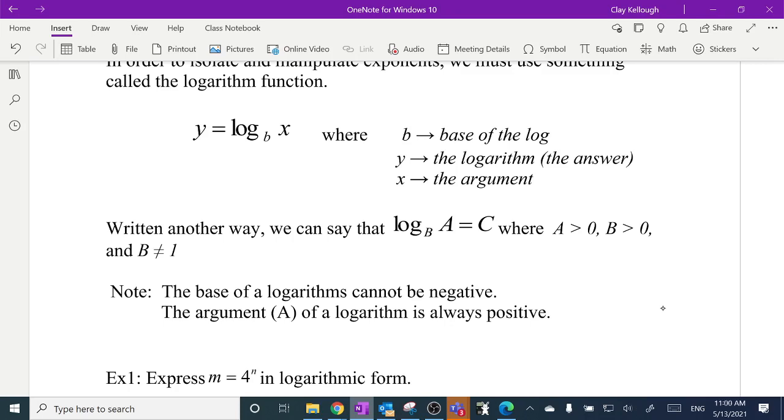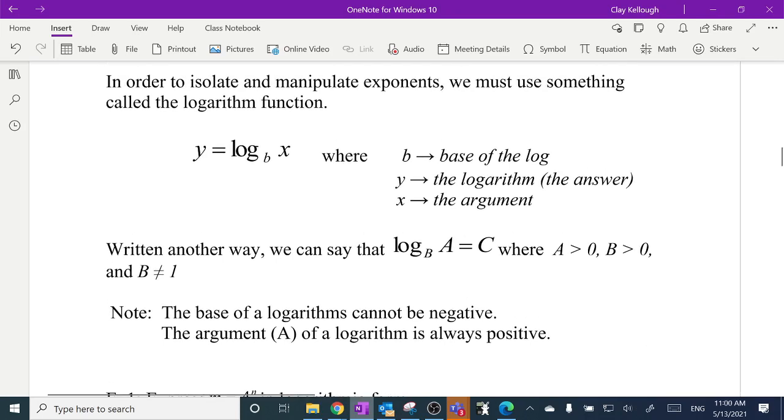You can think about why that is, if you really want to. Think about it. 1 to the power of any number is always just 1. So if I was using 1 as a base, I would not have a very interesting log. The y and the x would also have to be 1, and that would be basically it.